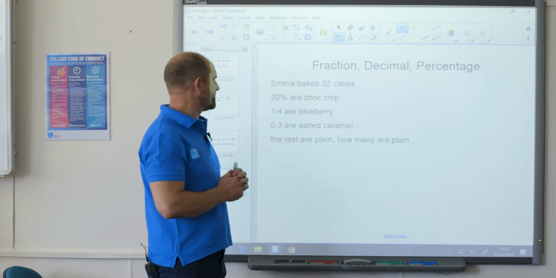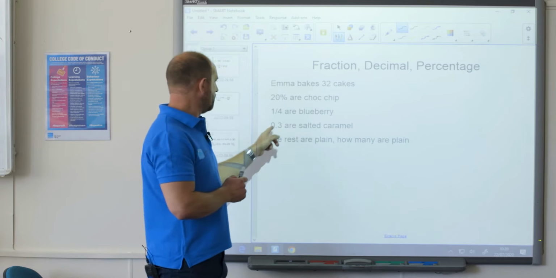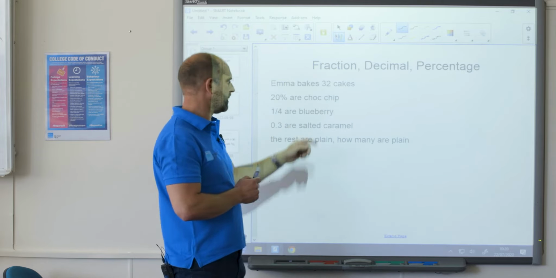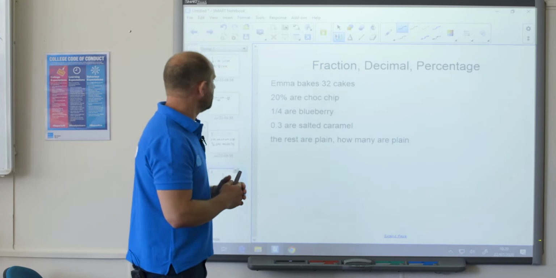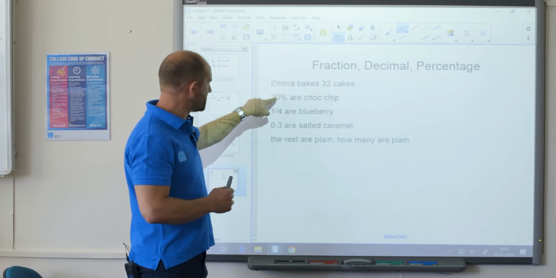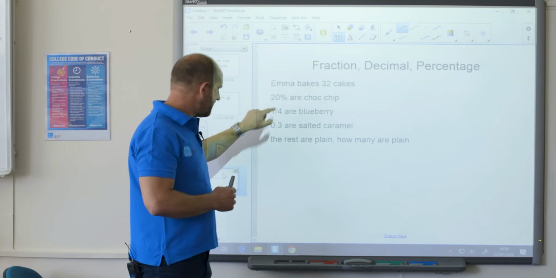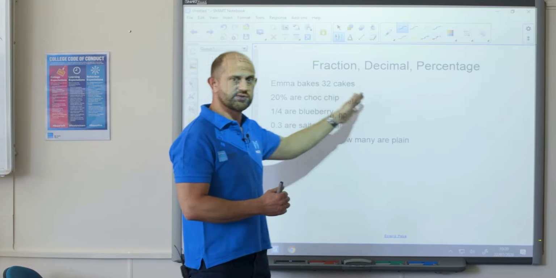Emma bakes 32 cakes, 20% of them are chocolate chip, a quarter are blueberry, 0.3 are salted caramel, the rest are plain. How many are plain? Well, to do this question, the simple thing is to turn them again into one of the percentages, a fraction or a decimal. In this case, I'm going to turn all of these into decimals.